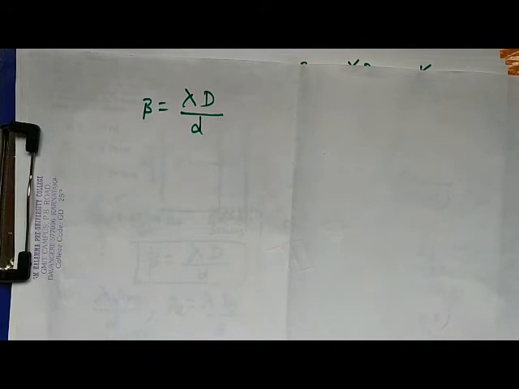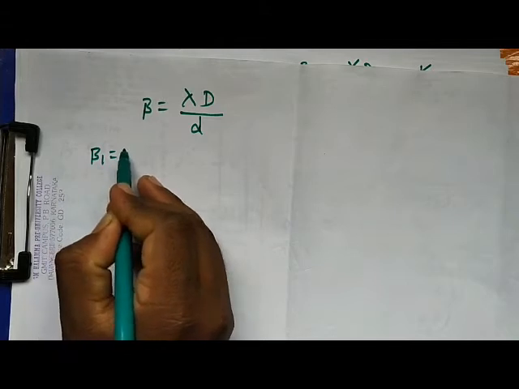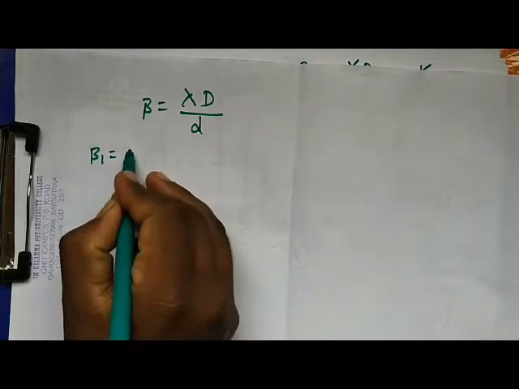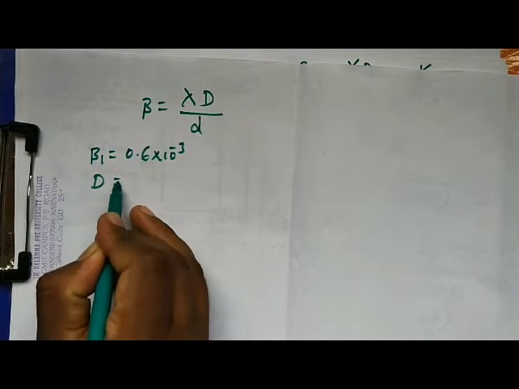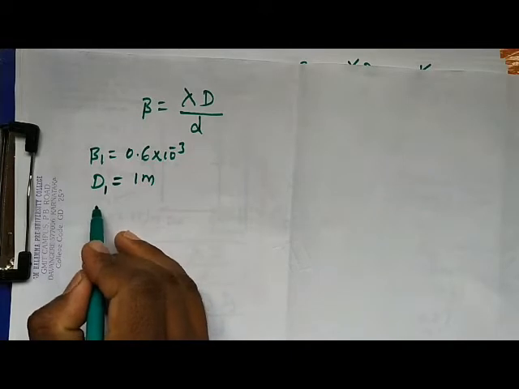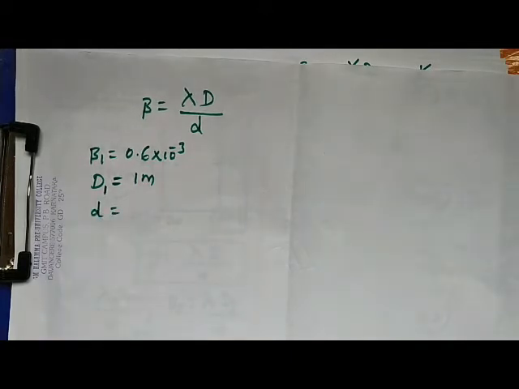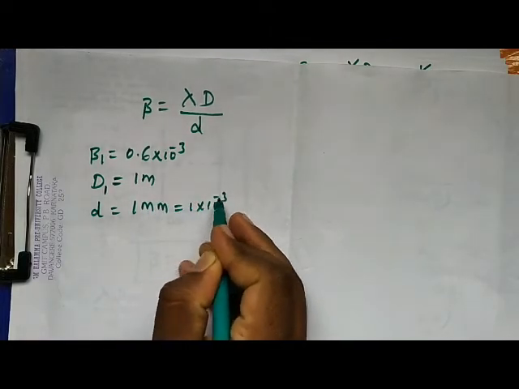Here the fringe width beta 1 is given. Recall that the given fringe width is not 6 mm, it is 0.6 mm, so 0.6 into 10 to the power of minus 3. The distance between the slit and screen in the initial case, just calculated, is 1 meter. The distance between the two slits is constant, 1 millimeter, that is 1 into 10 to the power of minus 3 meter.